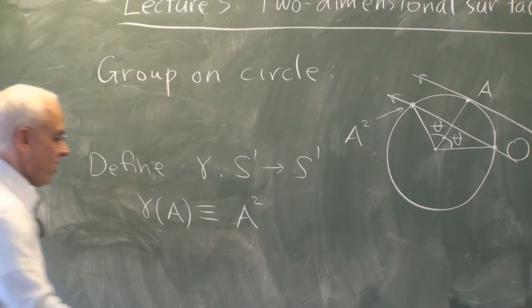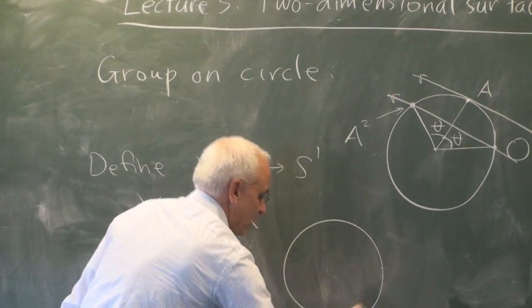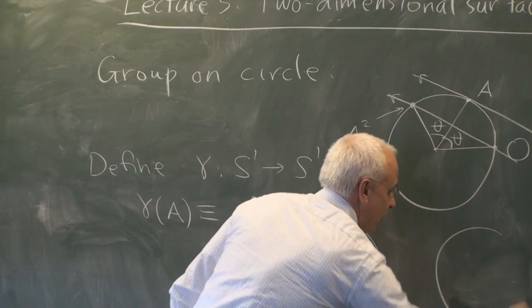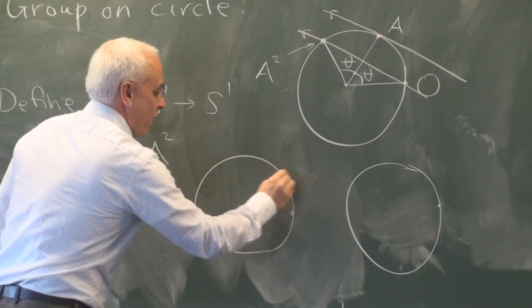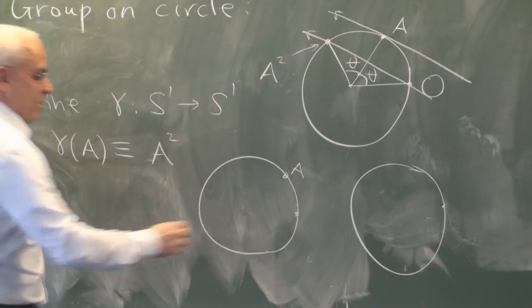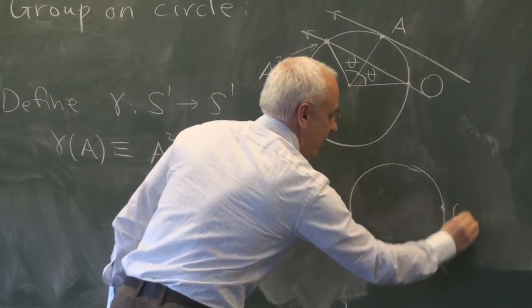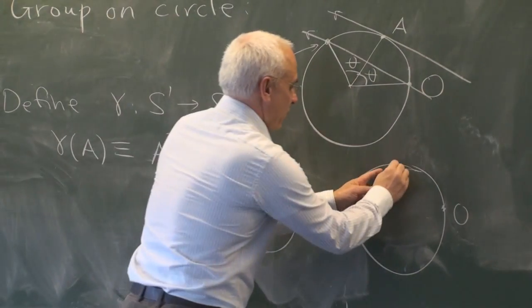If we visualize this in terms of two copies of the circle, with the origin in both cases, if A is over here, then A squared will be up here somewhere.